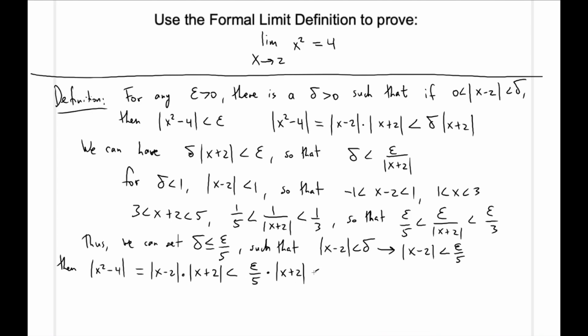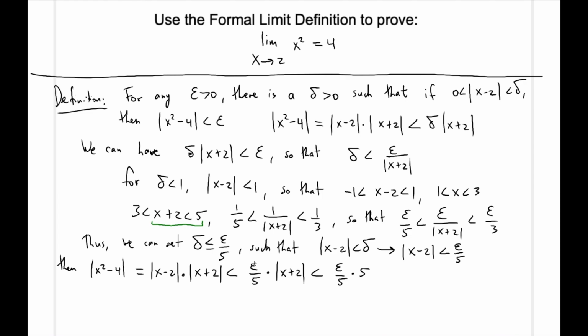Now notice what we can do here. We can replace the absolute value of x plus 2 with a 5. Why is that? We compare the absolute value of x plus 2 versus 5. Notice that x plus 2 was less than 5, right?